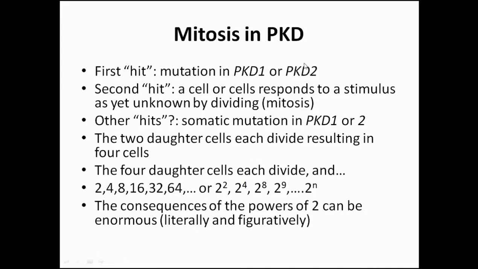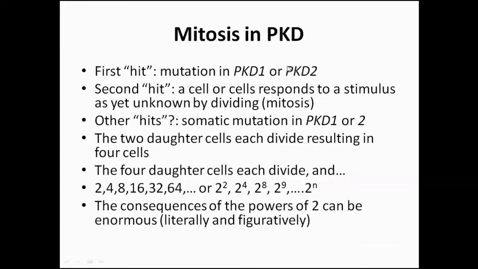So in PKD, the first hit, so to speak, is the mutation, in 85% of the cases in PKD1, and in 15% of the cases in PKD2. These are genes that define two proteins involved in ADPKD, and those that have the PKD2 mutation, as many of you probably know, have a much milder course of the disease.